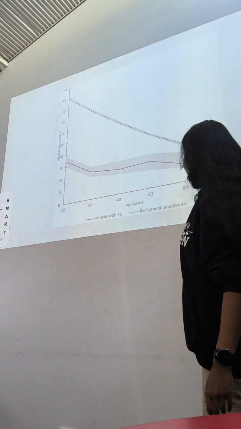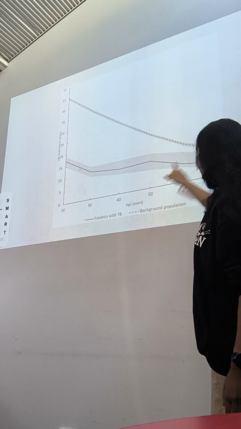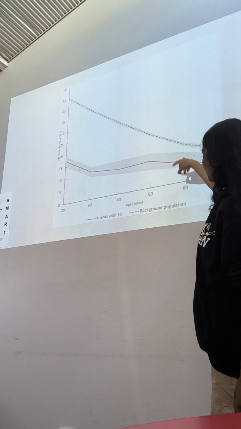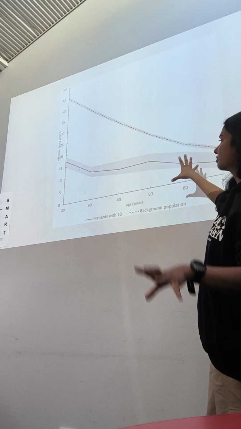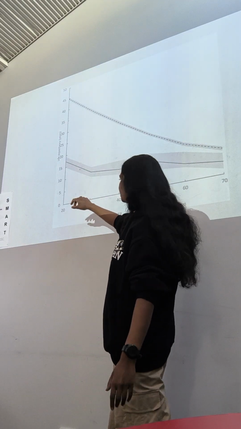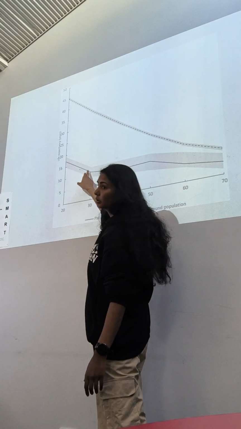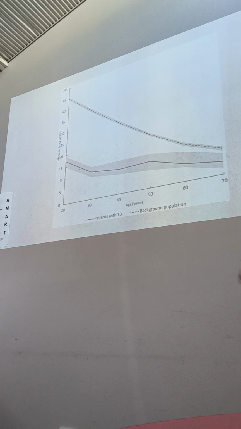This solid line here is people with TB. The dotted line, or broken line, is just anybody else without TB, the background population, or that average person. So if someone's 30 years old and they're diagnosed with TB and they're not treated, they have about 12 and a half years to live. So by 42.5 years old, they're going to be dead.